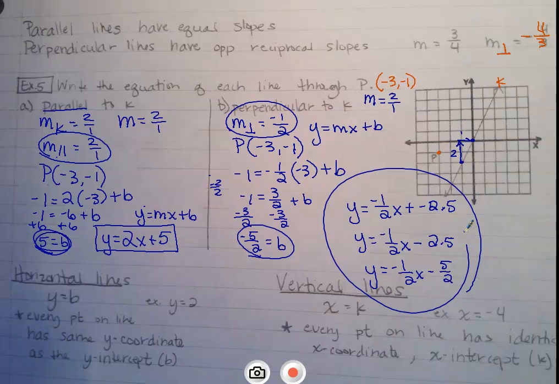All right, then the last one is just a little tidbit of information about horizontal and vertical lines, to refresh your memory, hopefully. Horizontal lines, we're going to see y equals b, or you might see y equals 2.